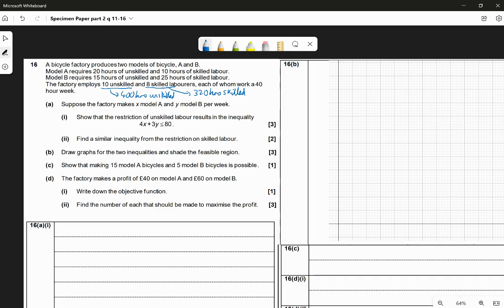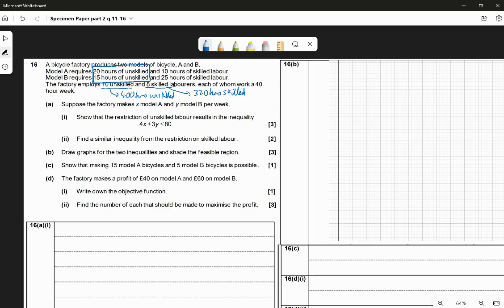Suppose the factory makes x model A and y model B per week. Show that the restriction of unskilled labor results in the inequality 4x plus 3y is less than or equal to 80. So we're focusing on unskilled labor. Okay, so that's this part here.